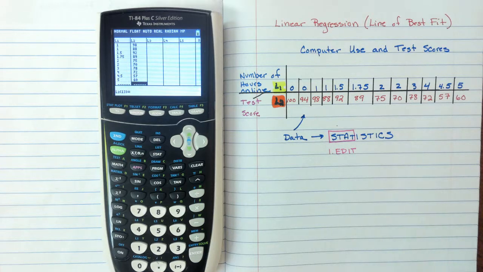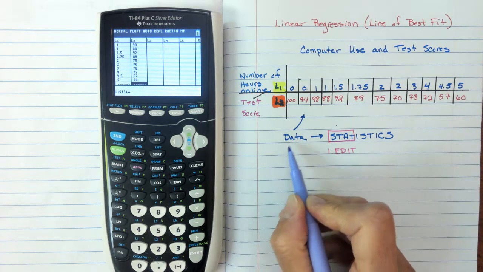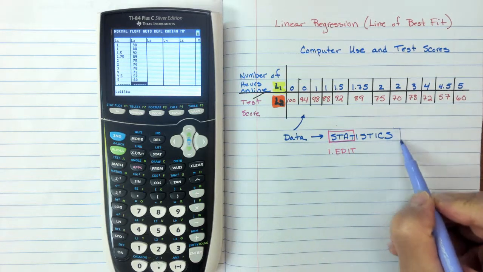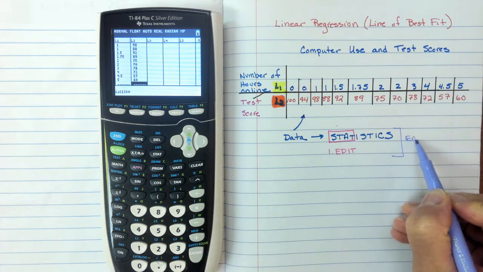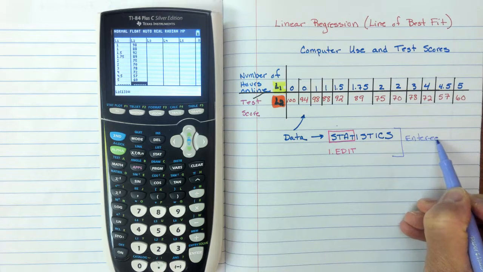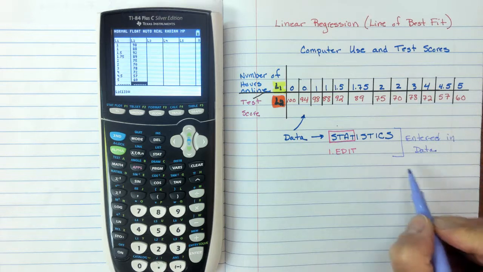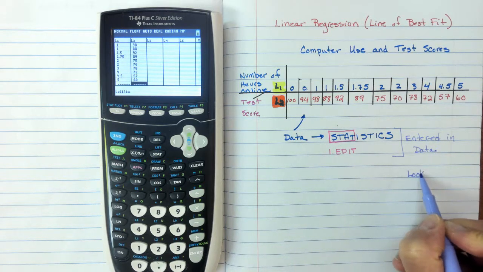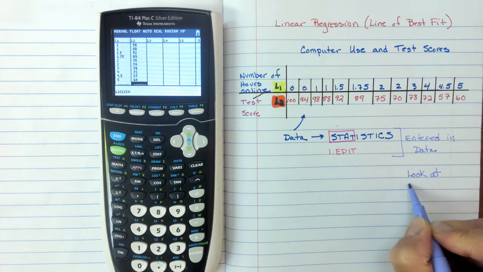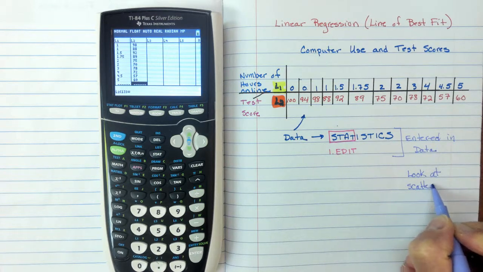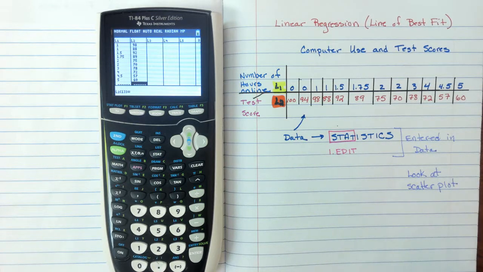So the next thing I want to do is look at what these points look like. So after I enter in my data, then I want to look at the scatter plot.